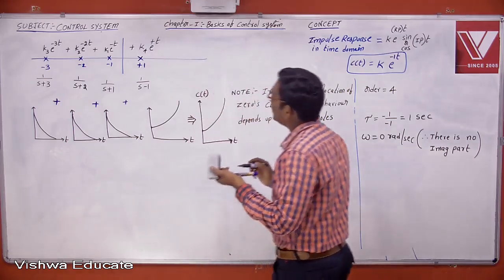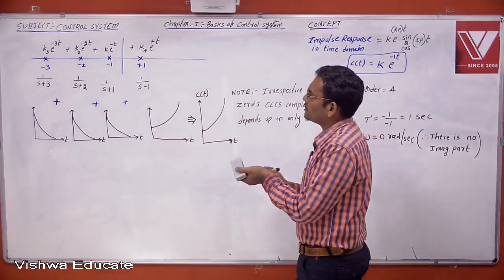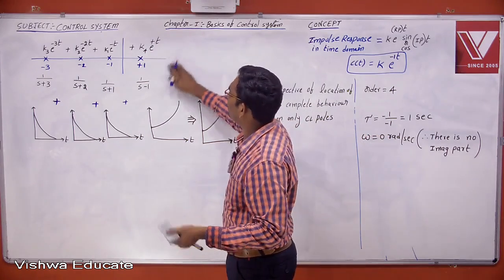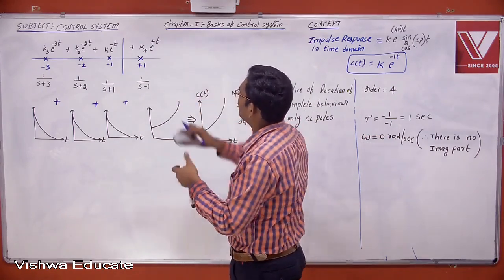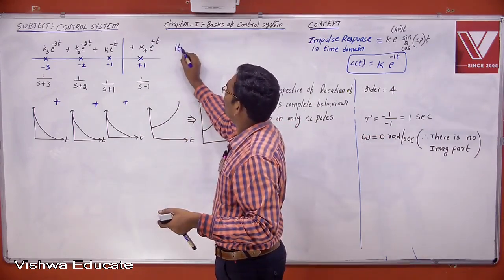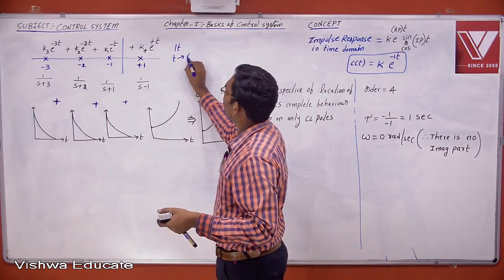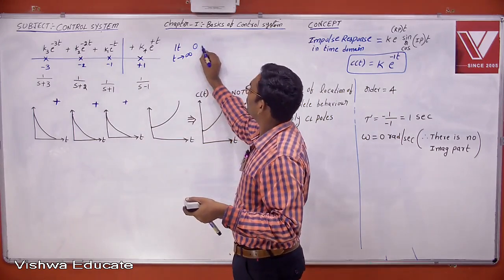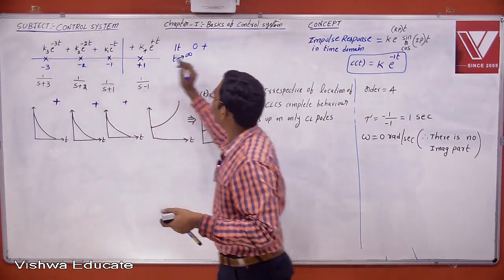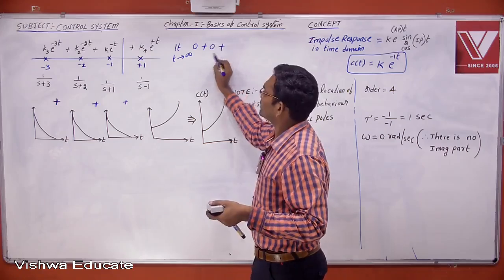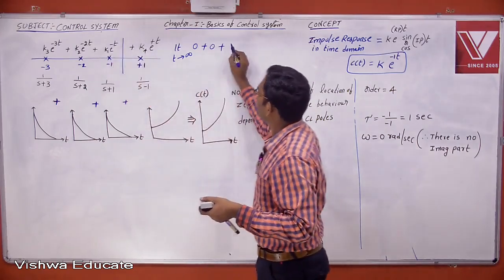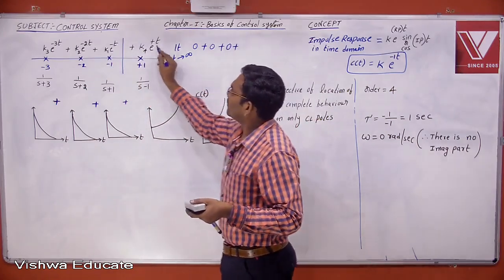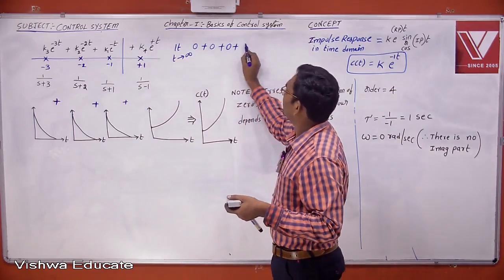Then at t tends to infinity, what happens? This is the response. If you substitute at t tends to infinity, e power minus infinity is 0, plus e power minus infinity is 0, plus e power minus infinity is 0, plus e power infinity is infinity.